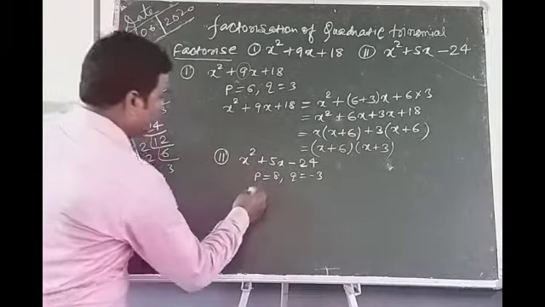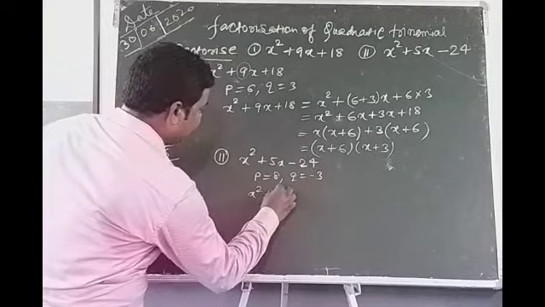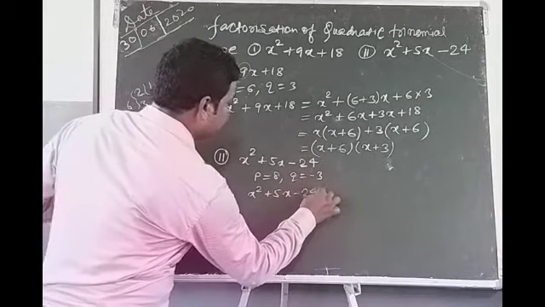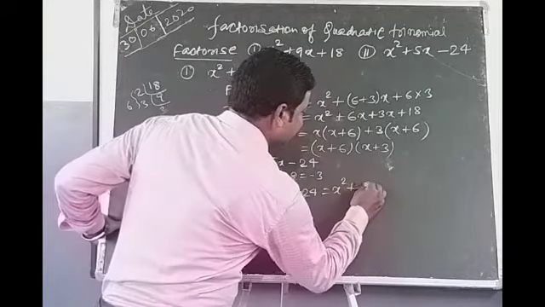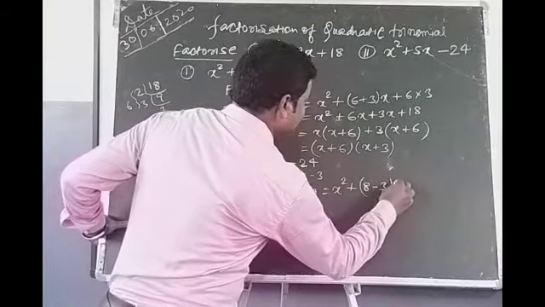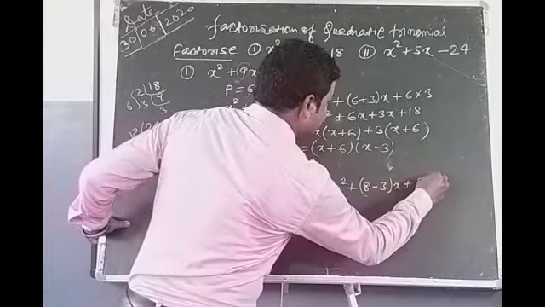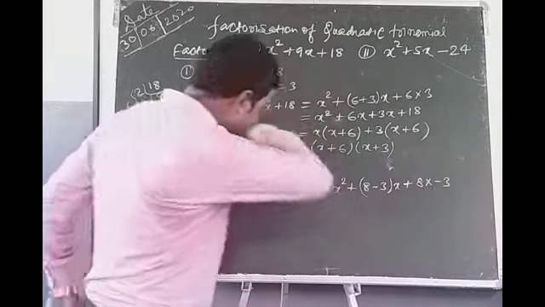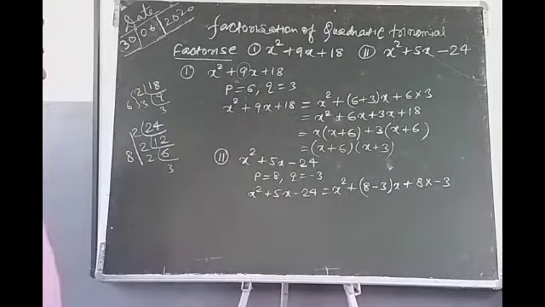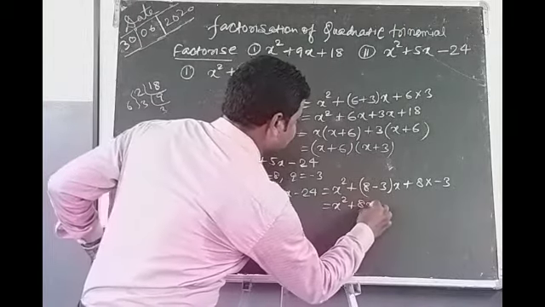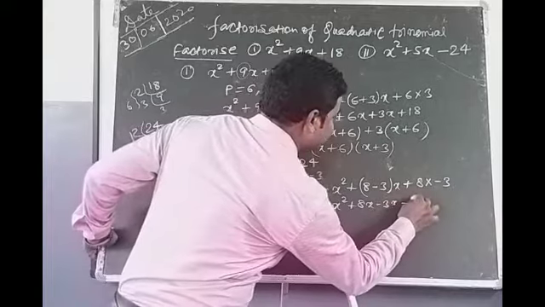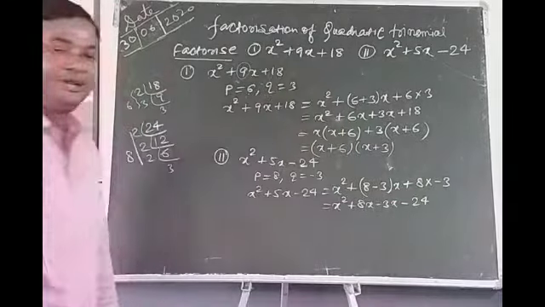Okay, so x square plus 5x minus 24 should be written as x square plus (p plus q)x, that is, (8 minus 3) into x, plus 8 into minus 3. Now x square plus 8x minus 3x minus 24.